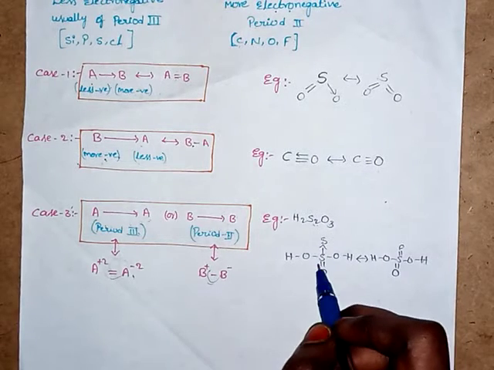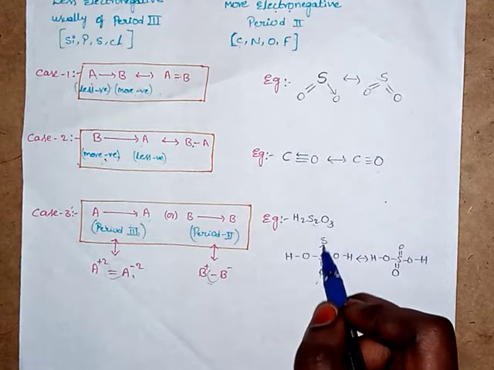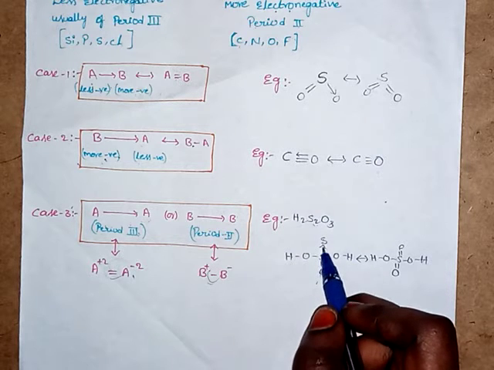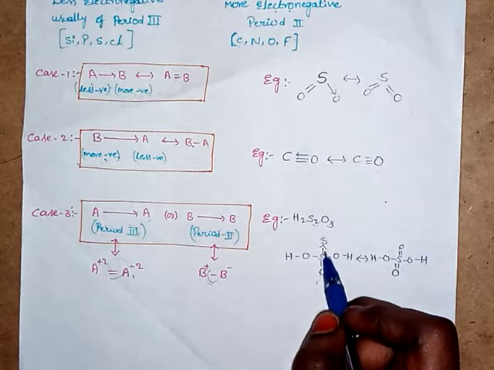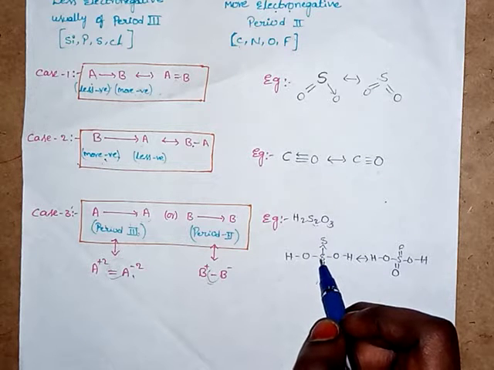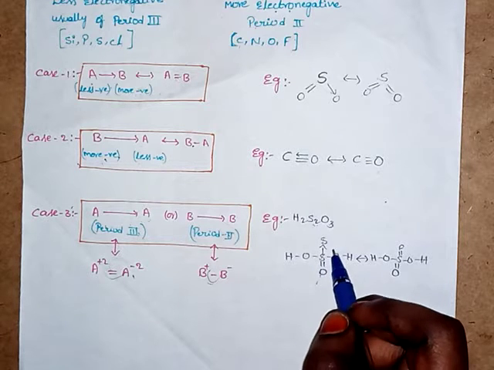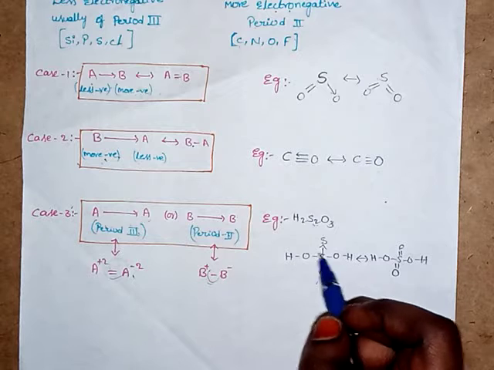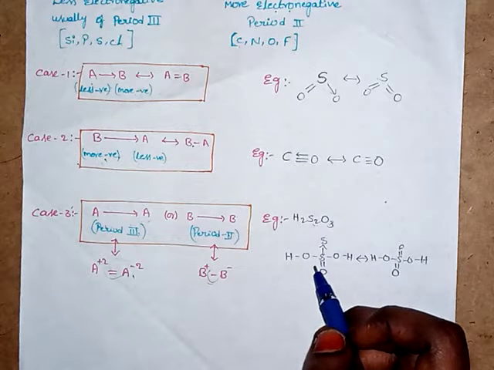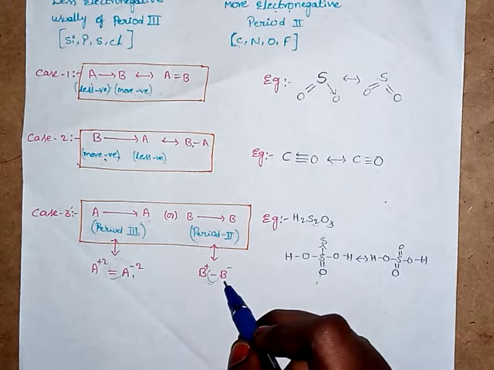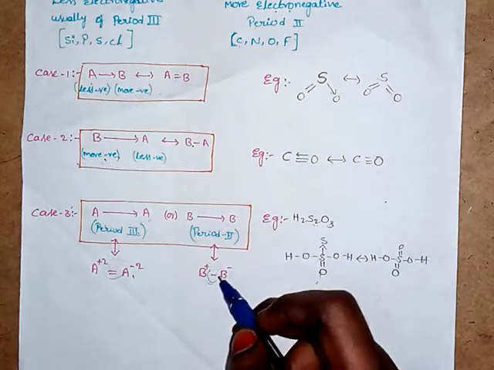Look over here: sulfur and oxygen, sulfur to sulfur transferring the electrons. If they are from period 3, they are less electronegative, and period 2 are more electronegative atoms. B plus and B minus result in the formation of a single bond.